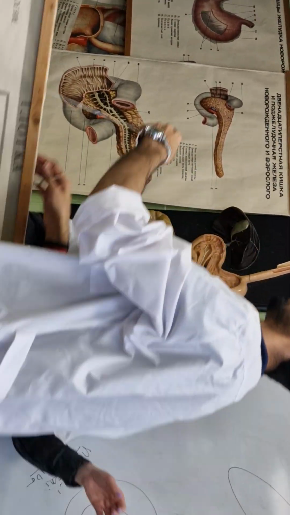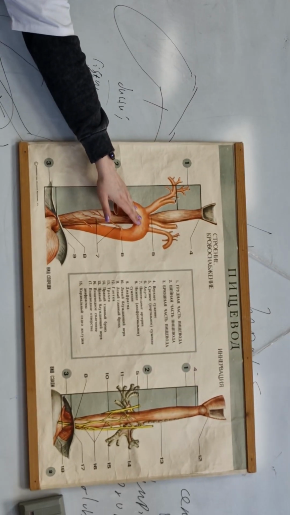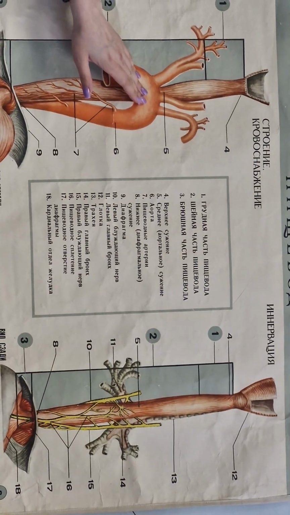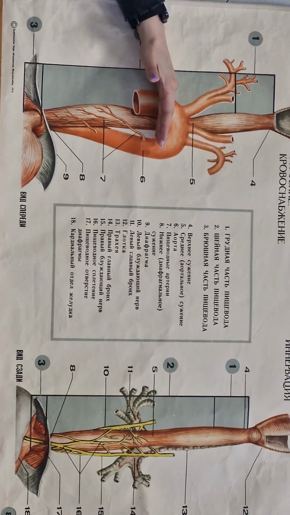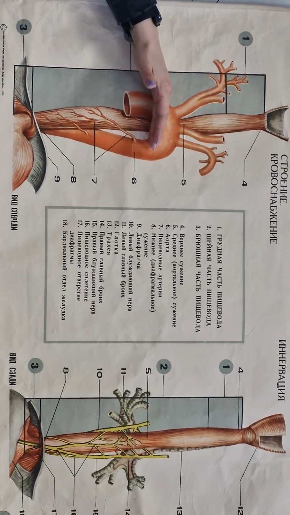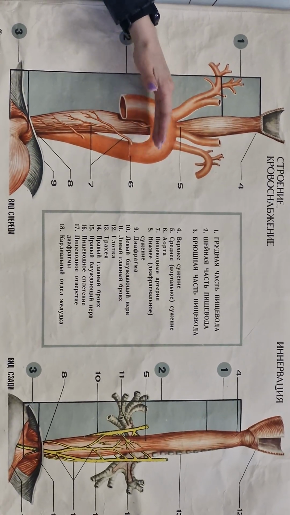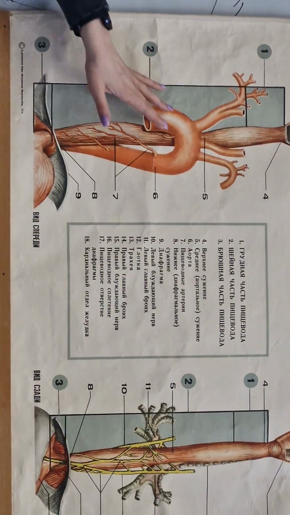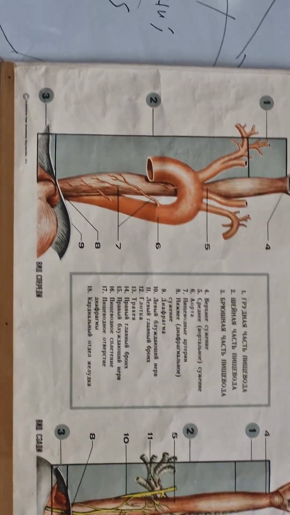In the pars thoracica, you should know where the arcus of our aorta is located. At the level of the 4th thoracic vertebra is the arcus aorta, and at the level of the 5th thoracic vertebra is the bifurcation of the trachea.